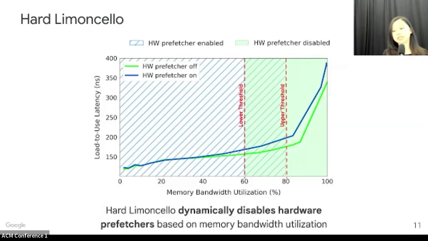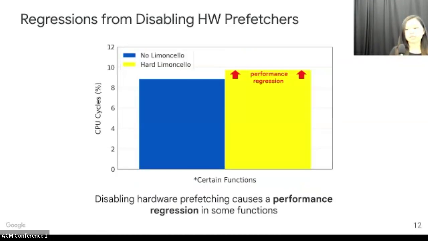So if you're looking at this, you might be a little concerned about the green portion where our hardware prefetchers are disabled and wondering whether we see any code regress from turning off our hardware prefetchers. And that would be indeed a very valid concern because we do see code regressions from turning off our hardware prefetchers. In this figure here, we have fleet-wide CPU cycles along the y-axis, and the blue bar shows standard conditions where hardware prefetchers are on.